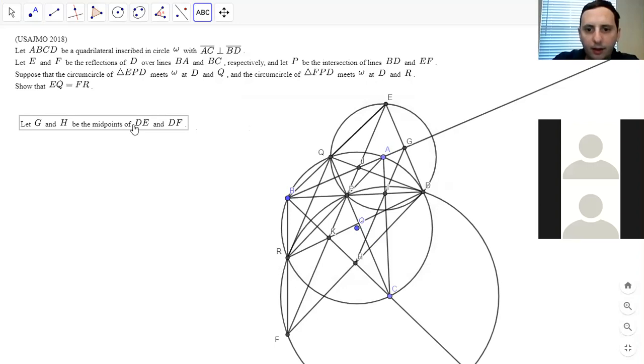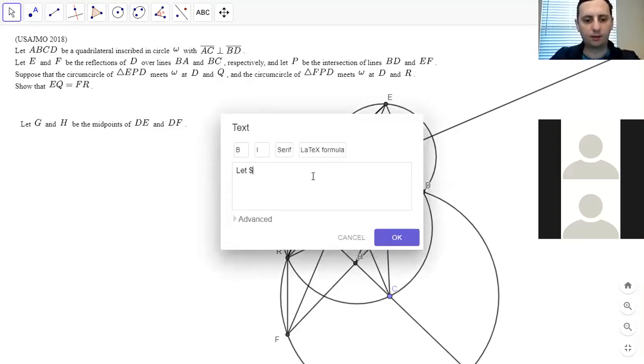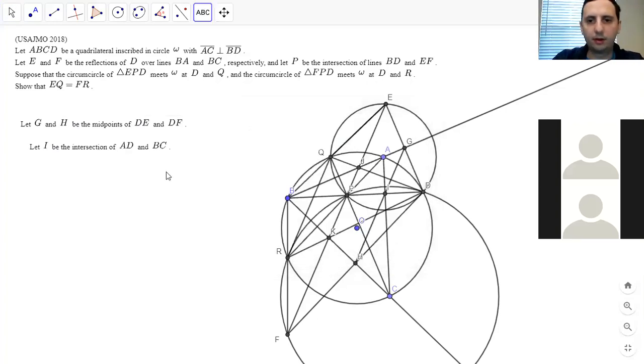And I'll say let I be the intersection of AC and BD. Then G, I, and H lie on the Simpson line of D with respect to triangle ABC.